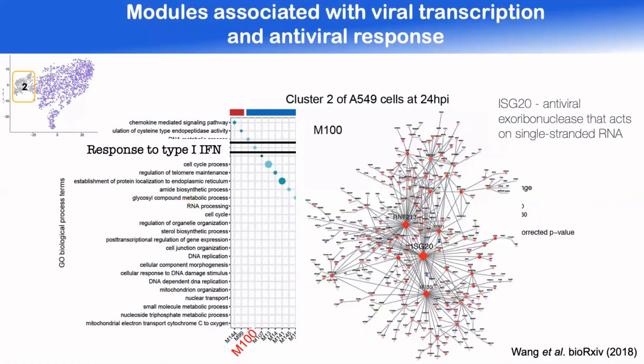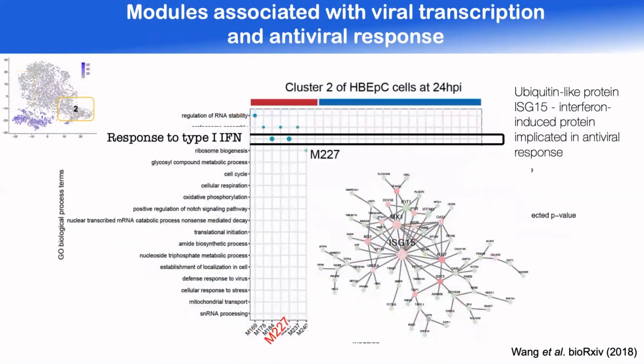And we see that many of the important genes, so the key genes or the hub genes, are interferon stimulated genes. So strong response to interferon, these stimulated genes that we don't necessarily see in the cells that have the actual higher viral transcripts. And we see that in both cell types when we looked.